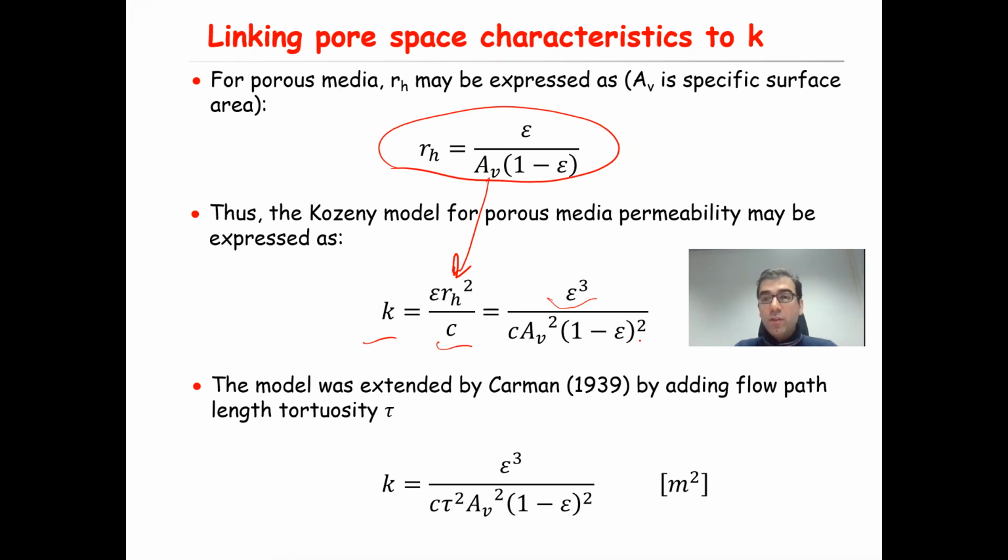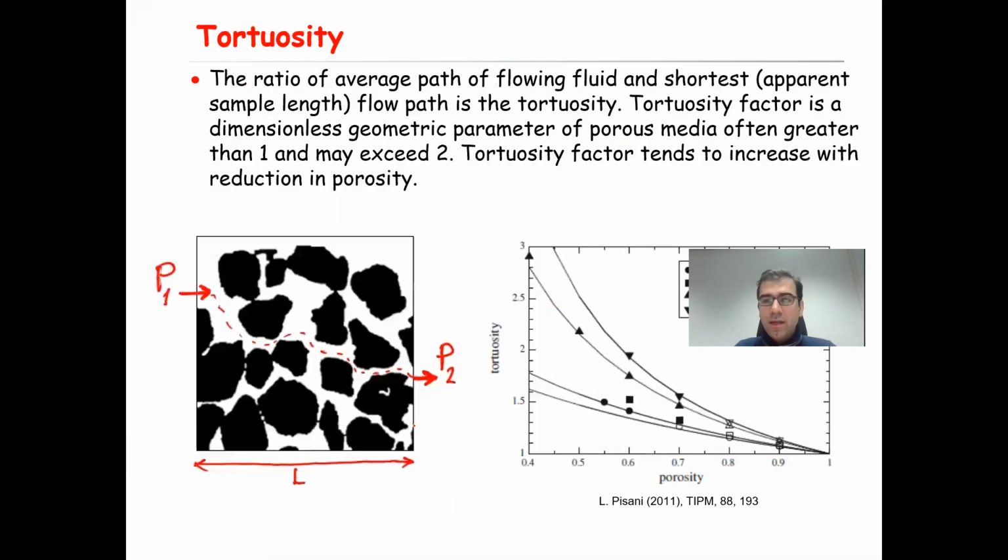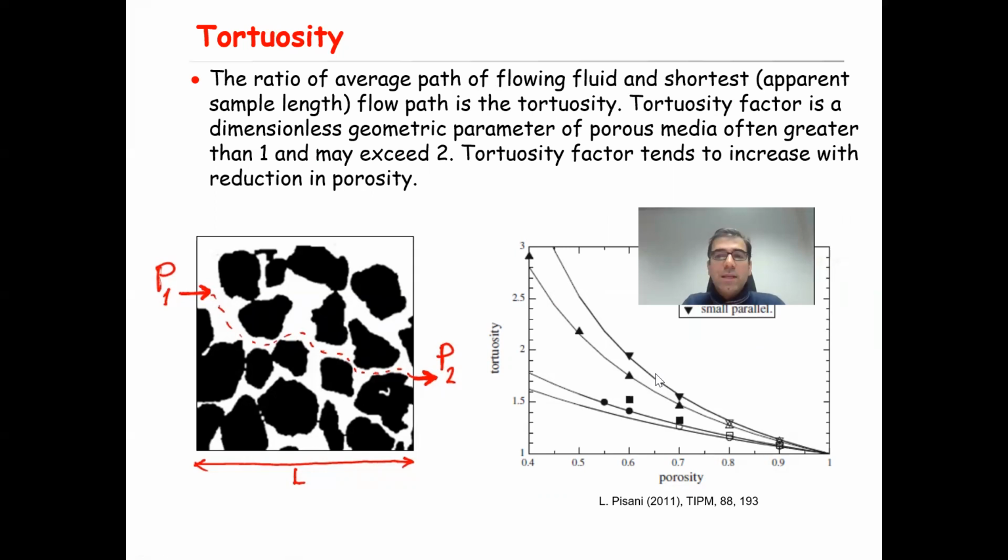And this model was extended by Carman, 1939, by adding the flow path length, called tortuosity, represented by a parameter tau. Okay, so let me first explain what tortuosity is. This is a very basic explanation of tortuosity, and I'm sure you can find much more information on that.